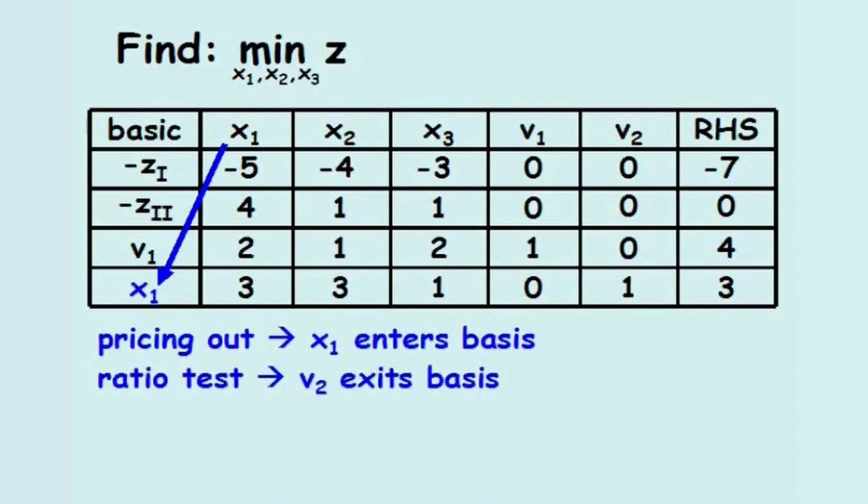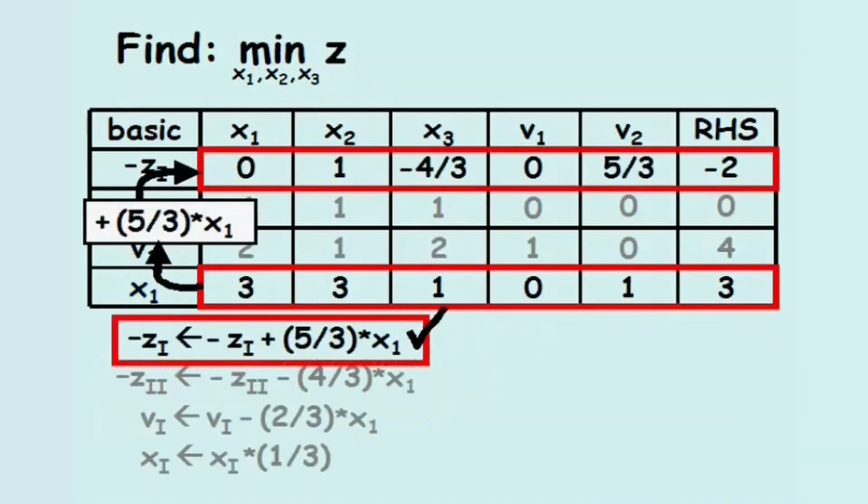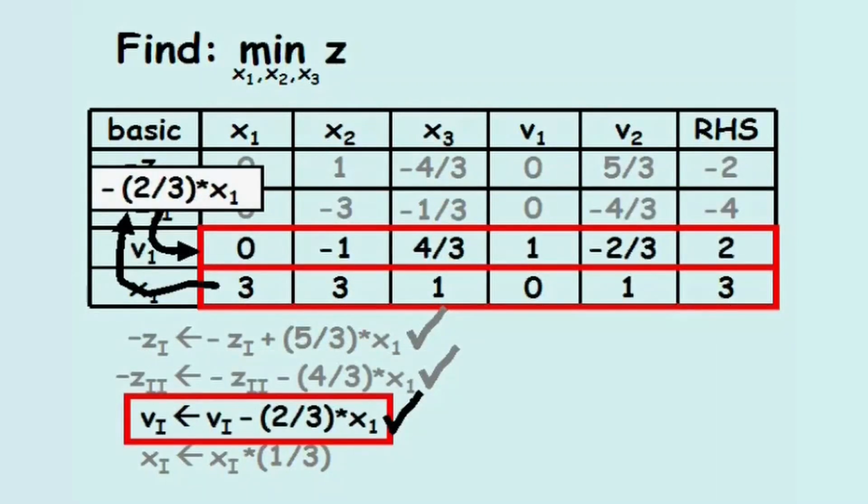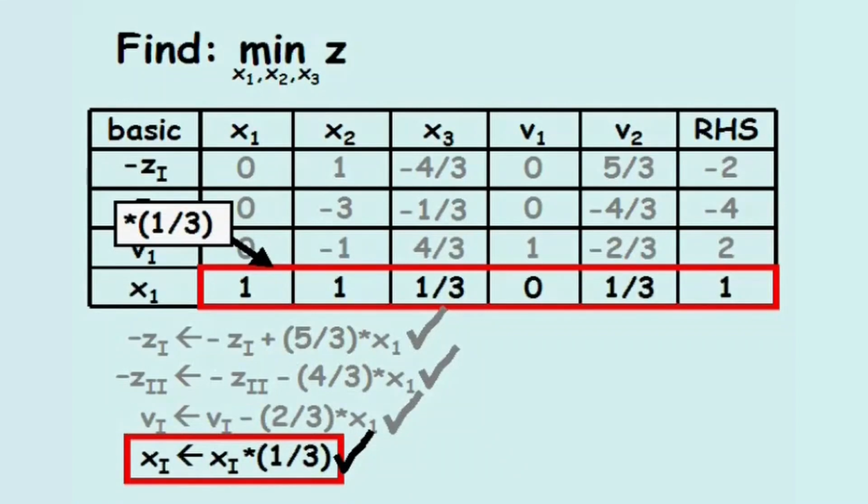Lastly, we need to perform a pivot operation for the tableau to be in canonical form. To do so, we'll add 5/3 of row x1 to row z1, subtract 4/3 of row x1 from row z2, subtract 2/3 of row x1 from row v1, and divide row x1 by 3.